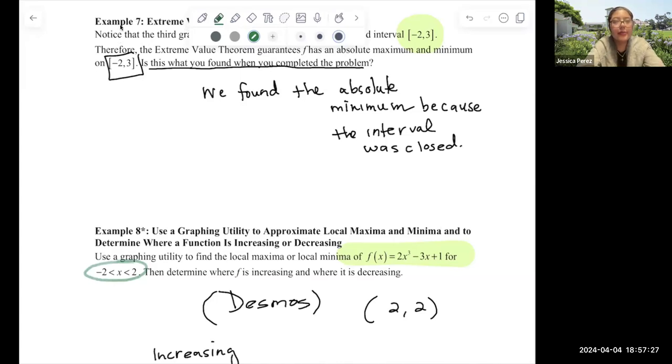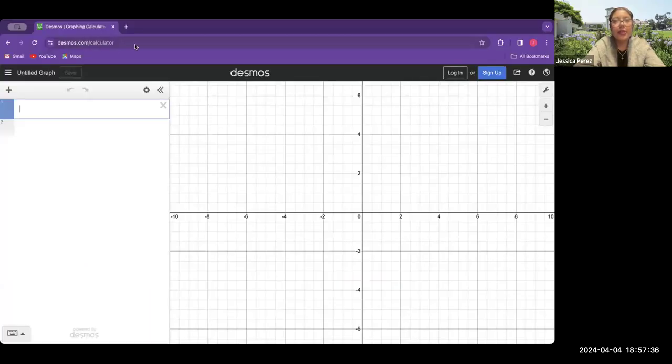So let's go to desmos.com/calculator. It looks like this. You're going to say, okay, I want f of x, so just put y equal, that's the same as f of x, equal to 2x.